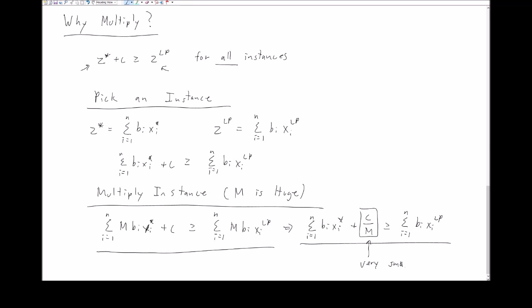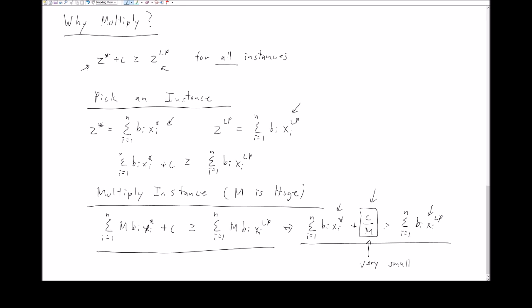And because x_i star and x_i LP in this multiplied instance are the same as x_i star and x_i LP in the original instance, I have some new integrality gap. Effectively, by multiplying my instance, I found some new, much smaller number that can work as my additive integrality gap.